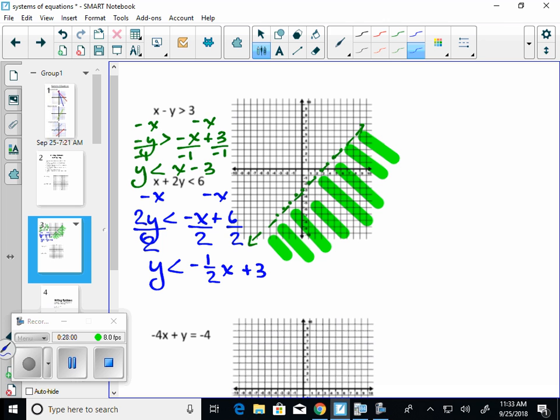Start at positive 3. And then my slope says to go down 1 over 2 because it's negative. So from 3, I go down 1 over 2. Down 1 over 2. Oh, am I crossing? Perfect. If I cross that quick, I can be done. As long as I've got at least 3 points graphed.